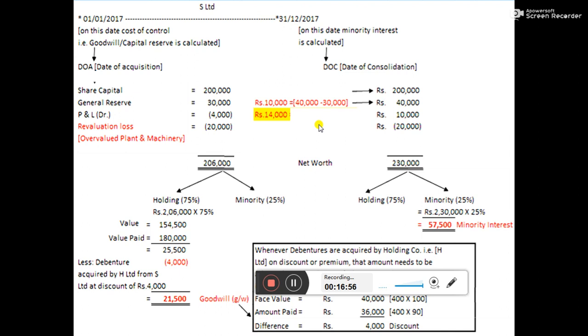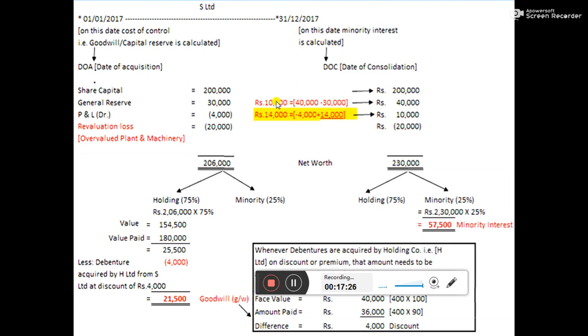How are we getting 14,000? See, at the start they had a loss of 4,000. So naturally they have made a profit in this running year of 14,000. That is 14,000 minus 4,000, you will get the answer as 10,000. So in the full year they have made a profit of 14,000, but last year they had a loss of 4,000. So 14,000 minus last year's 4,000, the closing balance is 10,000.